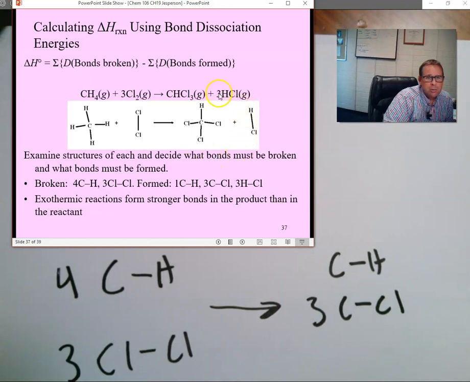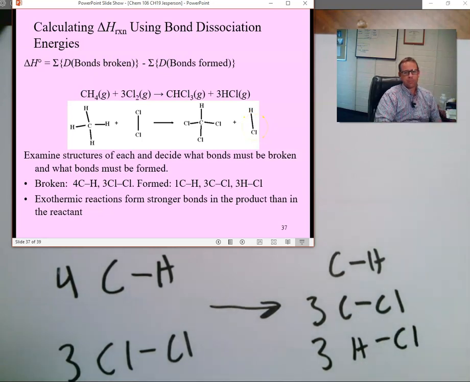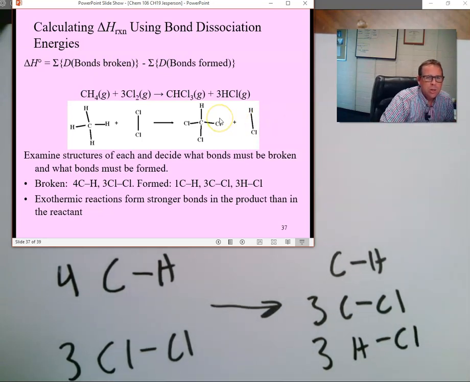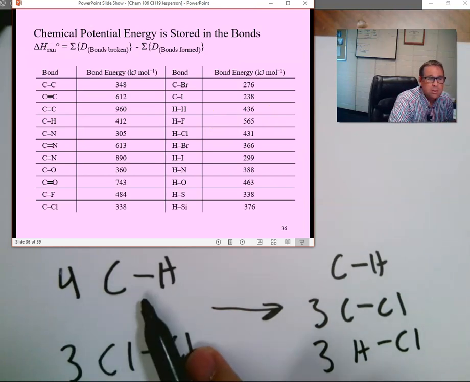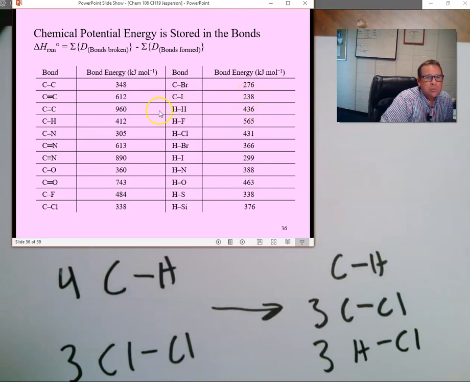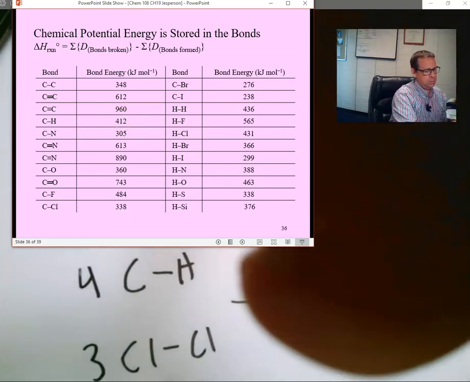And then we have 3 here of these HCl bonds. Okay? So we look at the energies associated with these 4 CH bonds. So CH, 412 kilojoules per mole. So this is 412.